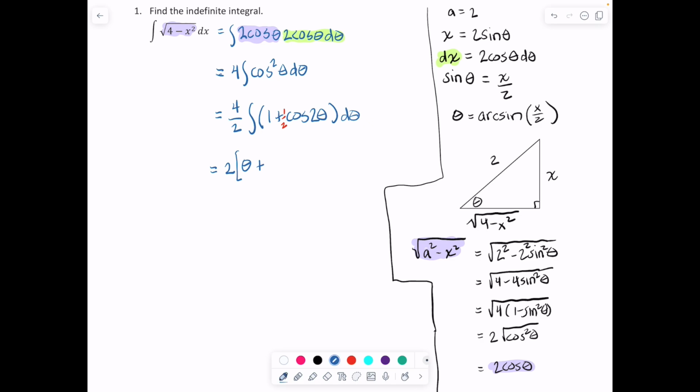And so we'll end up with 1/2 sine 2 theta plus our constant of integration.